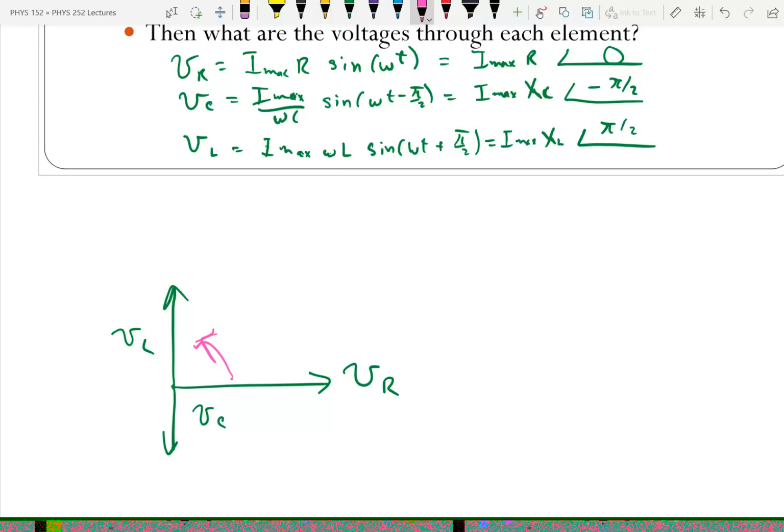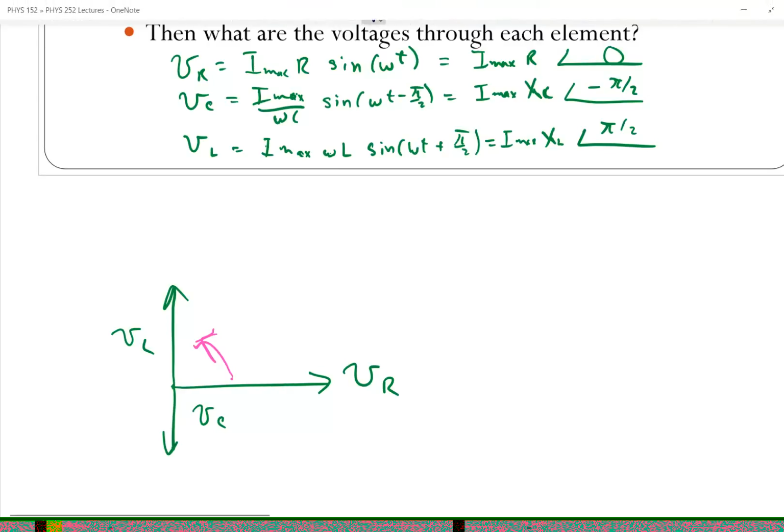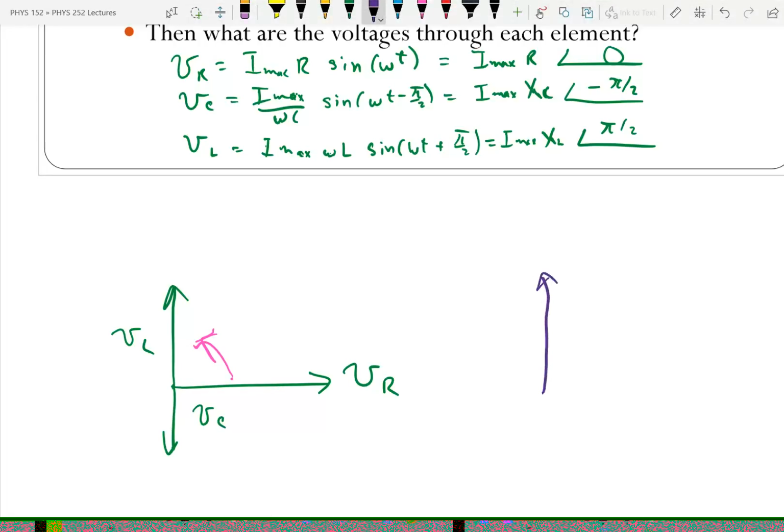And of course, if you add vectors, you add them tip to tail. In lab, I am going to require that you do them in this order. First, I'm going to have you add the VR and the VL like this, because in lab you're going to find that inductors aren't perfect.